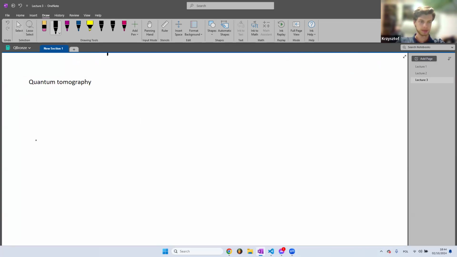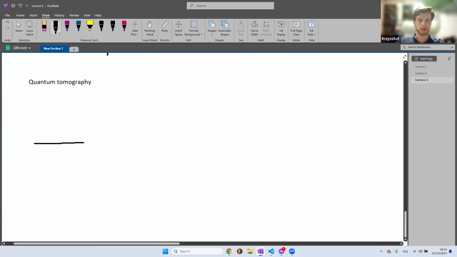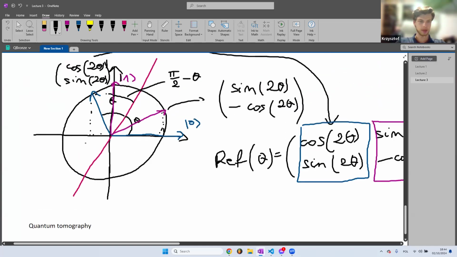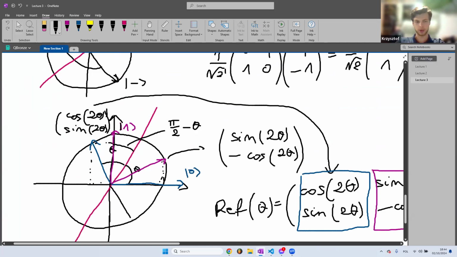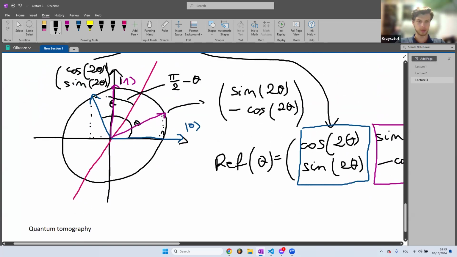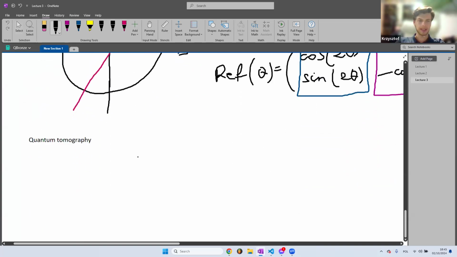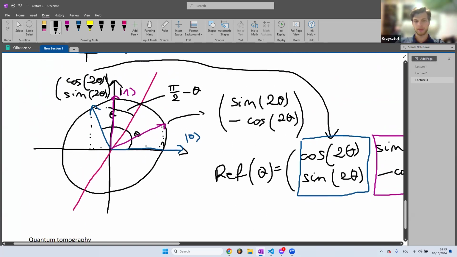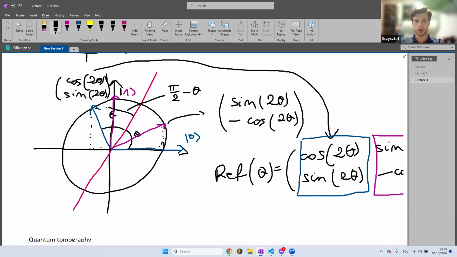So let's say we prepare 1000 qubits in the same state. You can imagine the state of the qubit as an arrow on the circle. We prepare all the qubits in the same state, so one arrow, and then we perform measurement. But you can measure only the distribution of 0 and 1.